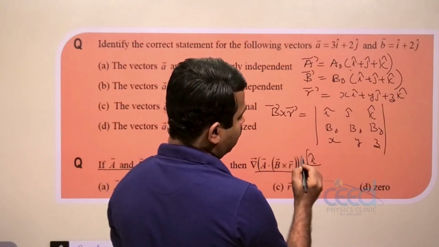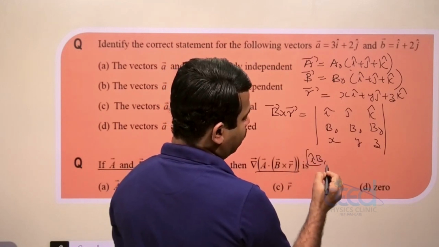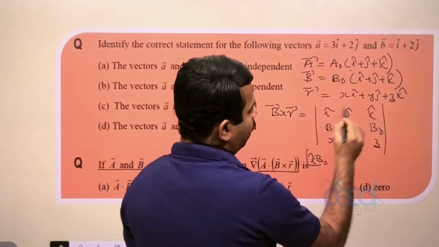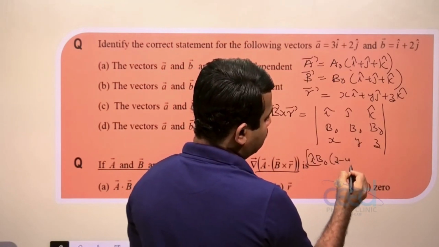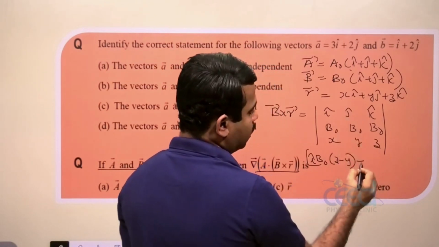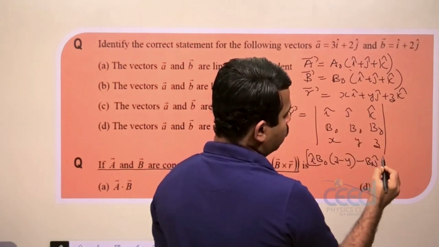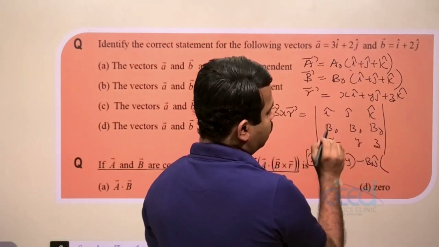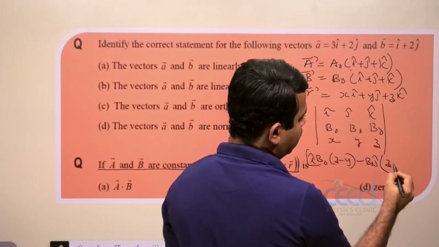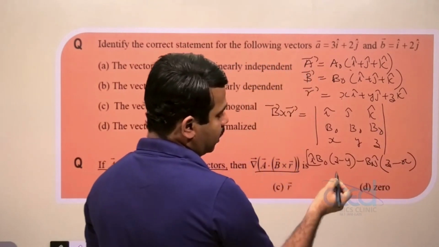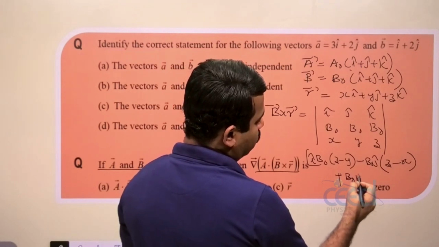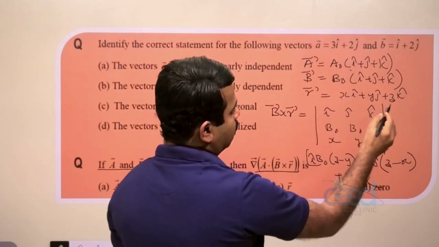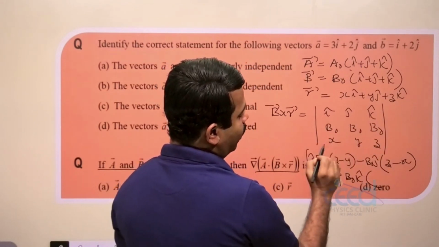So i cap B0 into (z minus y), minus B0 j cap into (z minus x), plus B0 k cap into (y minus x).